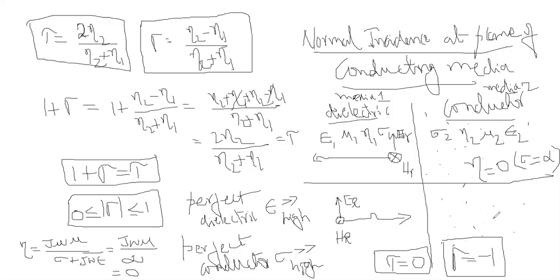But for dielectric to dielectric, the transmission coefficient is 2 eta 2 by eta 1 plus eta 2, and the reflection coefficient is eta 2 minus eta 1 by eta 2 plus eta 1. Understood? It's very important.